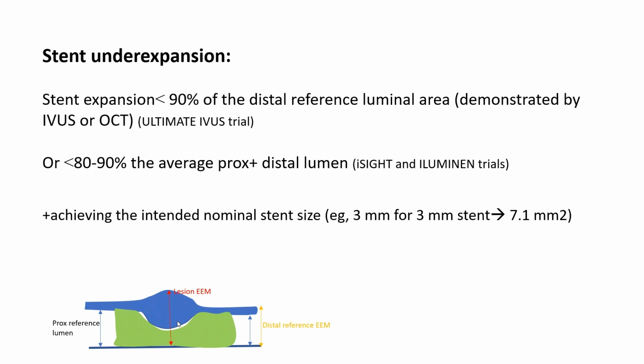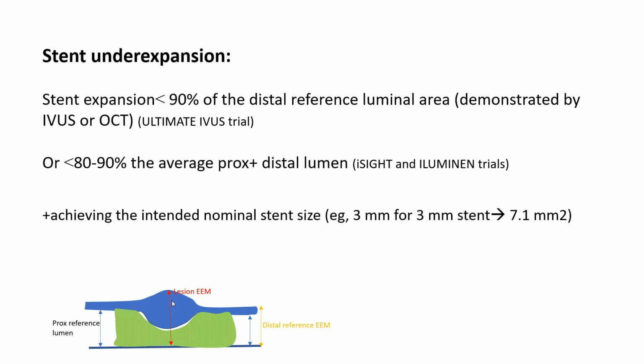Now, some people define stent expansion in terms of the external elastic membrane. Be careful, do not define stent expansion in terms of the lesion external elastic membrane. If you use external elastic membrane, you may use the reference external elastic membrane area, and what you do, you measure that and you take 0.5 millimeter from it. You reduce it by 0.5 millimeter.